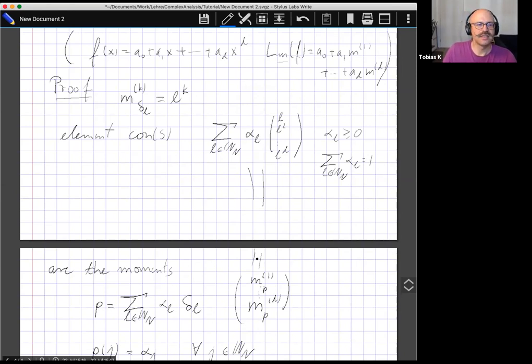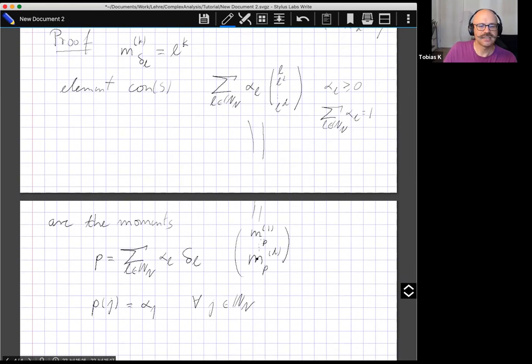So if I interpret this as a vector of moments, conv S is nothing else than the set of all moments which can be realized by a probability P.